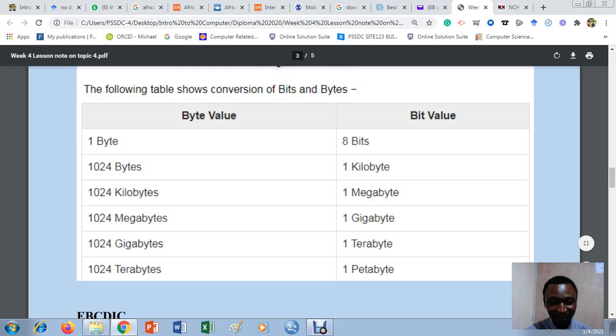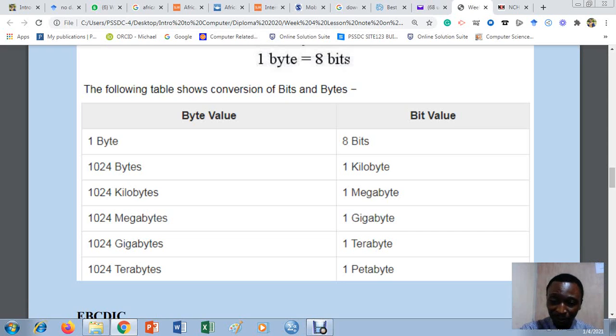This is it. 1024 megabit is equal to what? 1 gigabit, and down to petabit. Remember, from our introduction to the topic last week, I said we are going to limit ourselves to petabit, and this is where we are.